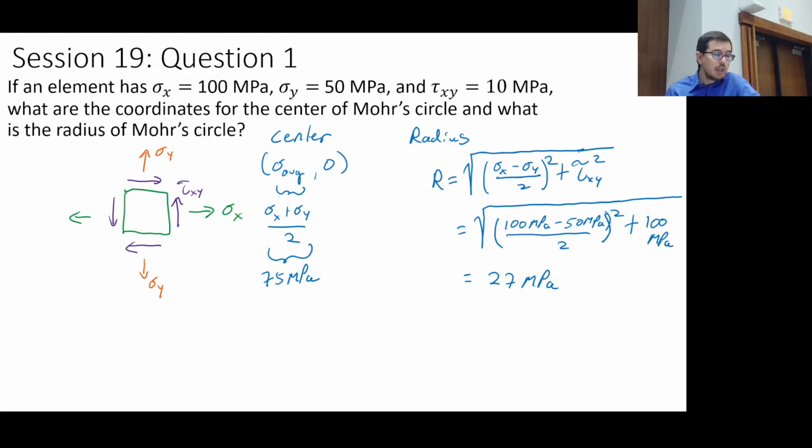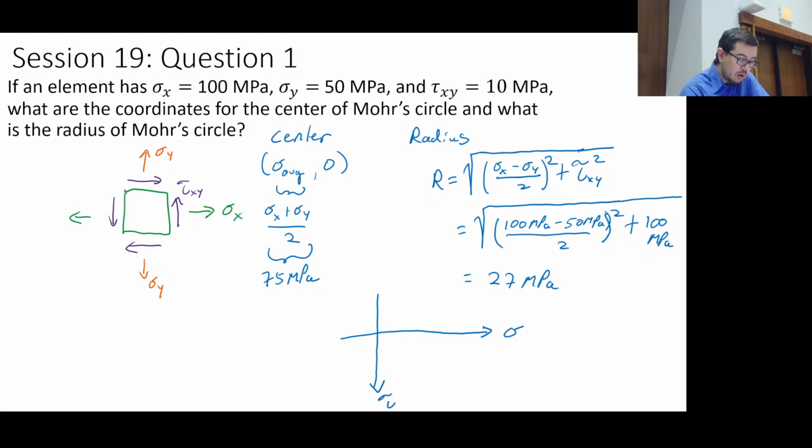If I'm going to draw the Mohr circle now, I'm careful. I draw sigma on the x-axis, and I draw tau going downward.